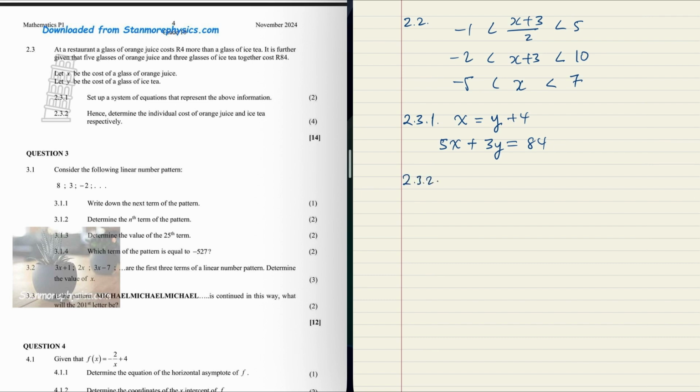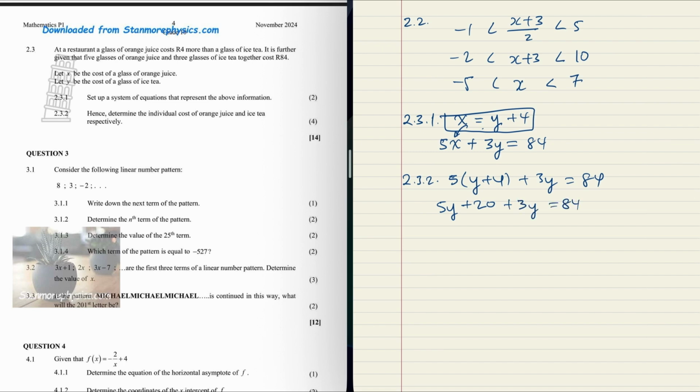2.3.2 says, hence determine the individual cost of orange juice and iced tea. So we're basically solving simultaneously. Now we've already got an expression for X, so I'm just going to substitute this in here. So 5 into Y plus 4 plus 3Y is equal to 84. So 5 times Y is 5Y, 5 times 4 is 20, plus 3Y is equal to 84.